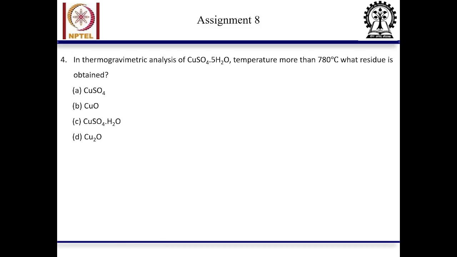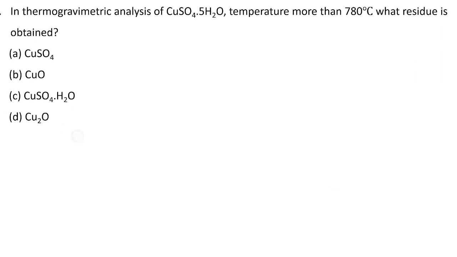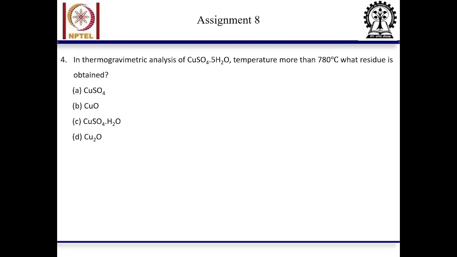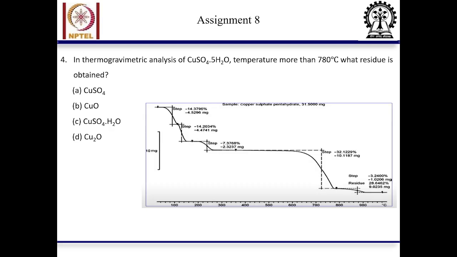So I will open the spectra, sorry, and then I will ask once again. Oh, it is hanging. Give me 1 second. Okay. Now I have given you the spectra. Can you tell me now what is the product which forms upon this decomposition of CuSO4 pentahydrate above 780 degrees?